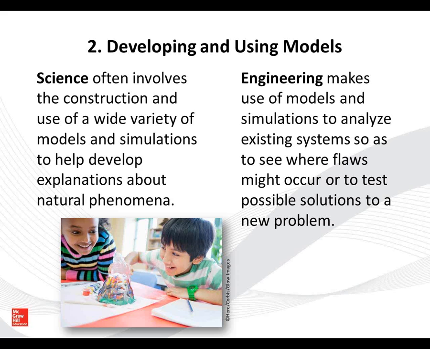Engineering would make use of models and simulations to analyze existing systems, to find out where there might be a flaw, or to test. Another reason to build a model is you think you know how to make something work, and you want to test it to see if it works. So imagine making a Jell-O mold because you want to see if you can minimize earthquake damage to a building.